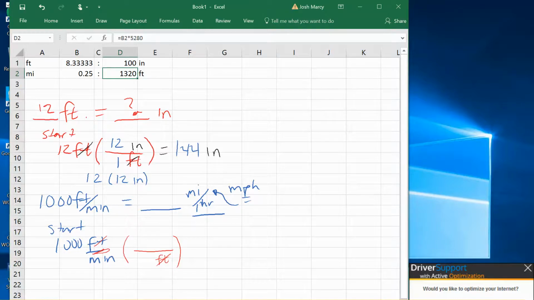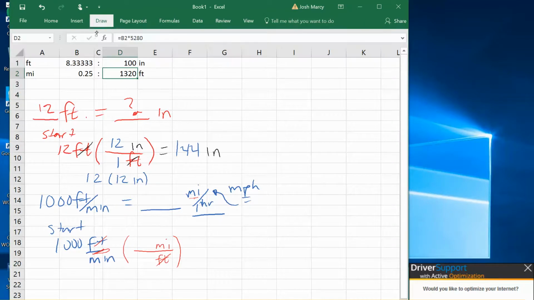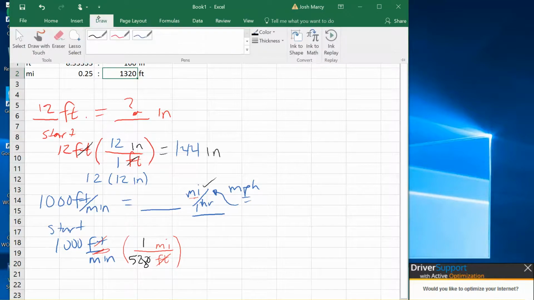Now, because I want to end in miles, it would be great if I had miles in the numerator, which I can do because we know that 5,280 feet are in 1 mile. Well, this is good. We have our miles. Check. Now I need to get hours in the denominator, though. So let's take care of that next.